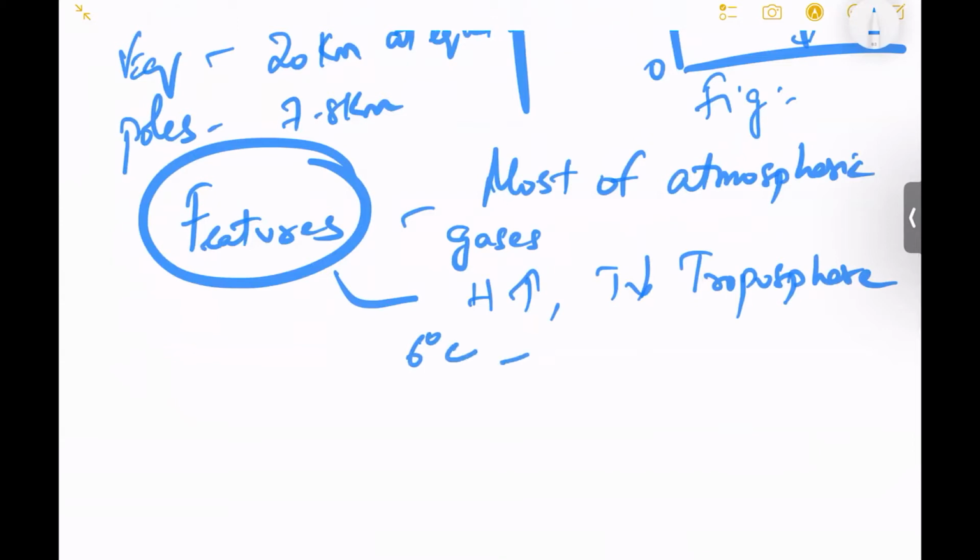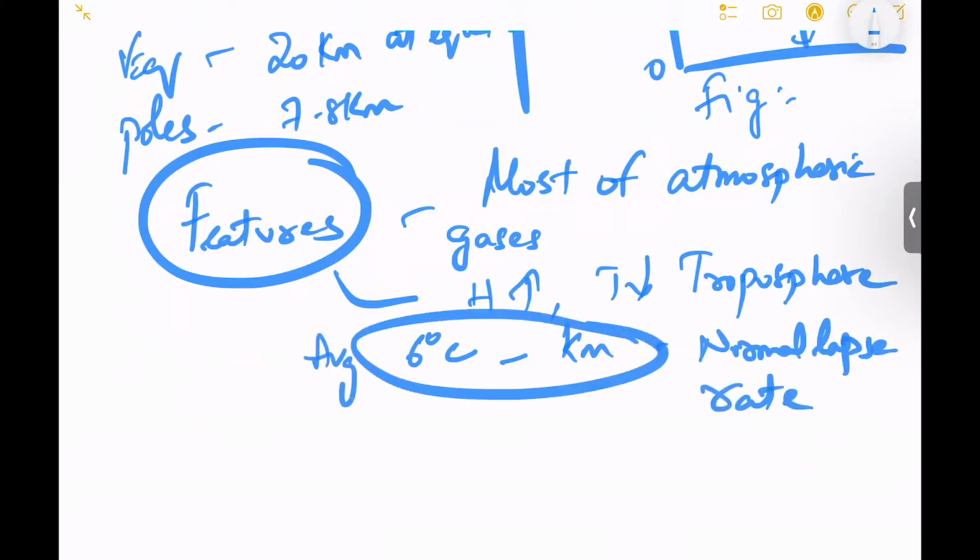This phenomenon is called normal lapse rate. How much it decreases? This is the average, not accurate, and you have to inform the examiner that this is the average.